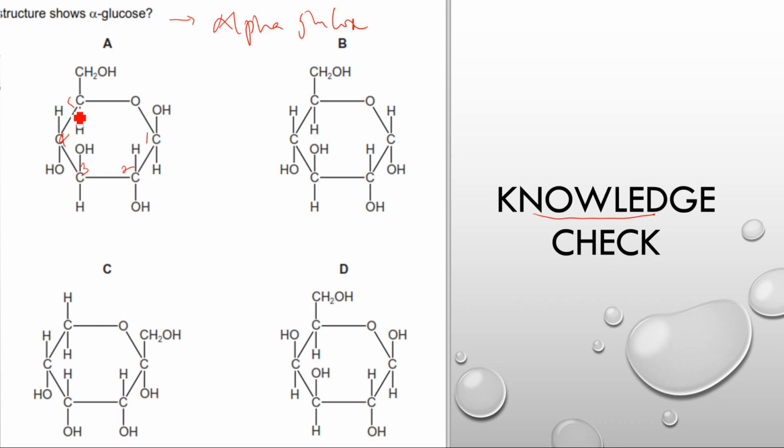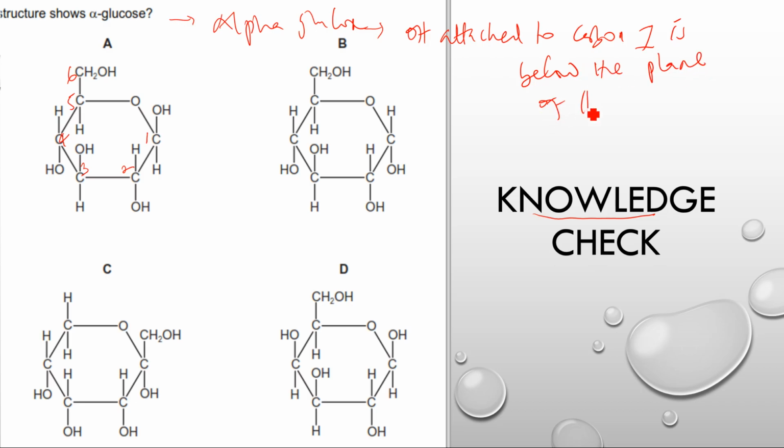Three, four, five, six. In alpha glucose, the OH attached to carbon one is below the plane of the ring structure. Don't forget that.